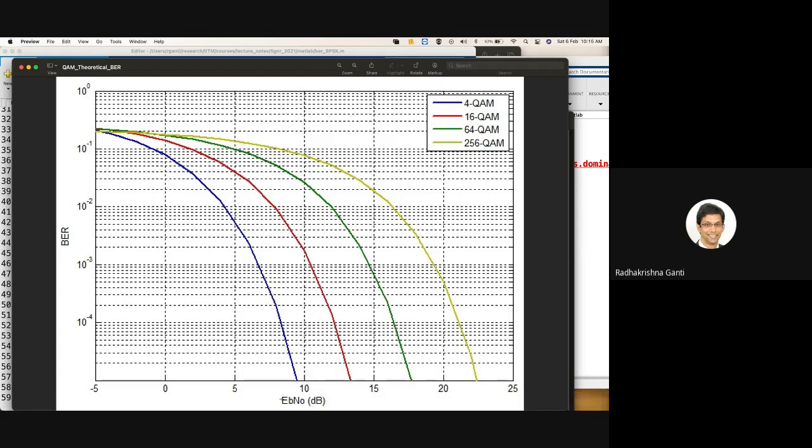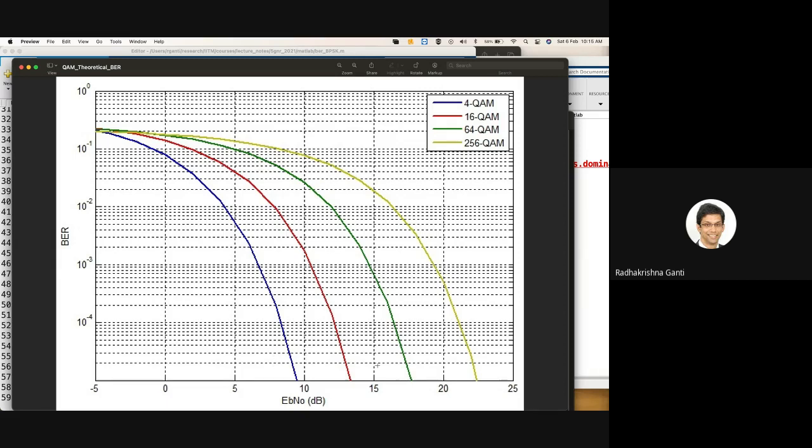See, they're putting it in terms of Eb/N0, not SNR, because SNR per symbol differs for each of these modulation schemes. So if you want to compare schemes, it's always better to use Eb/N0 because it's always energy per bit.